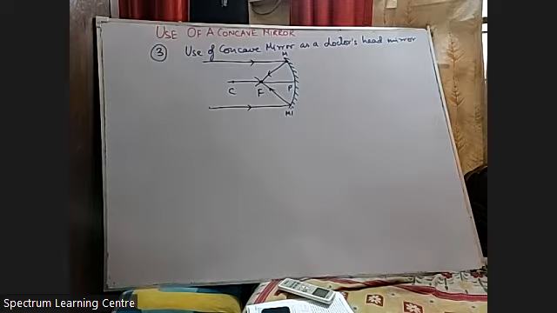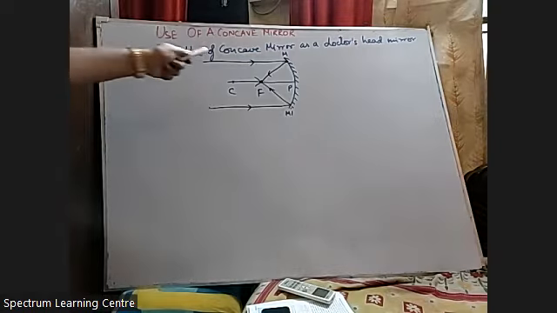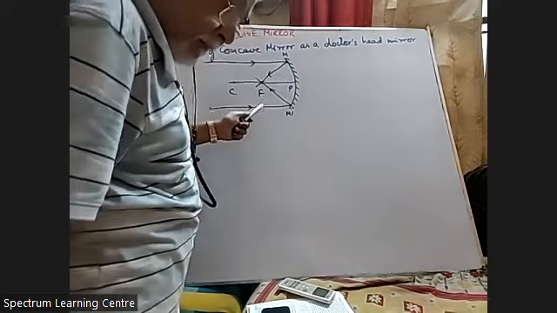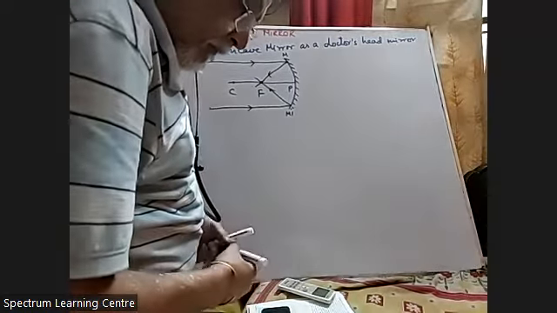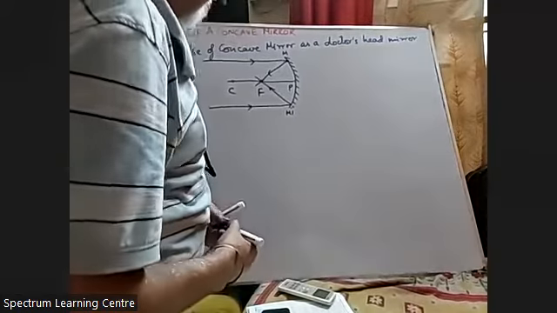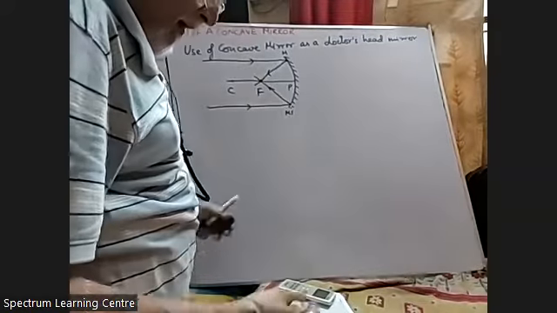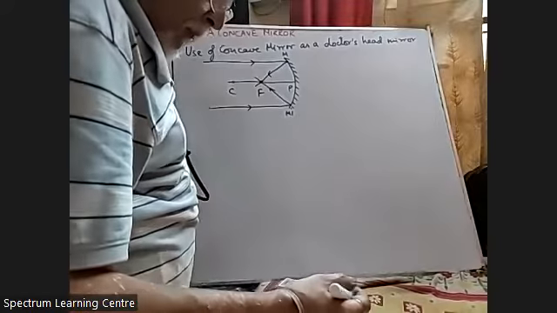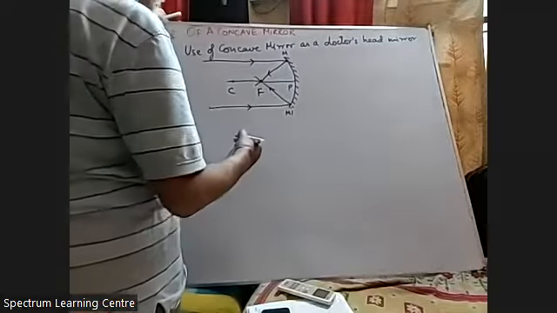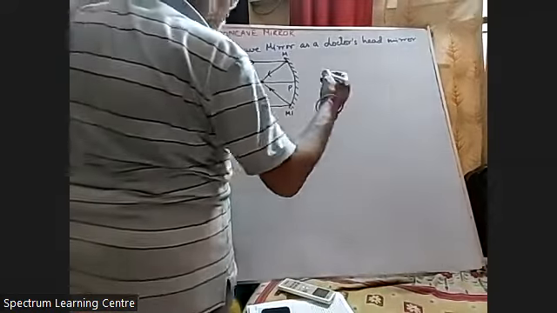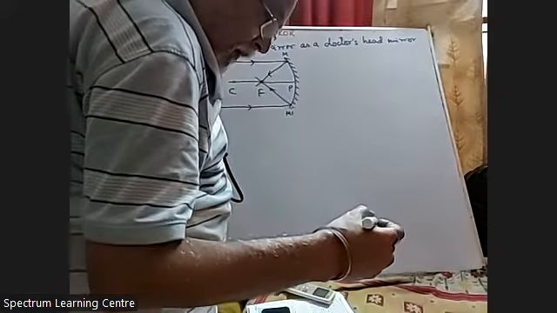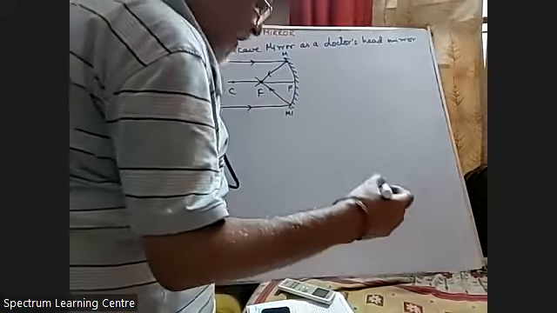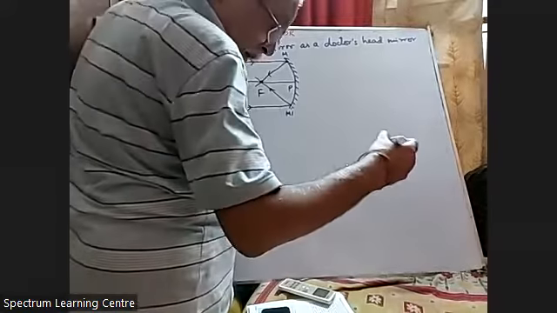Here, the intensity of light, or the brightness, will increase, and the doctor will be able to see the inner parts of the nose, throat, ear, teeth, etc. Right?